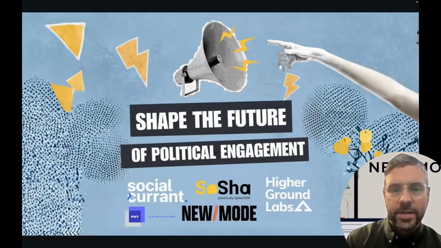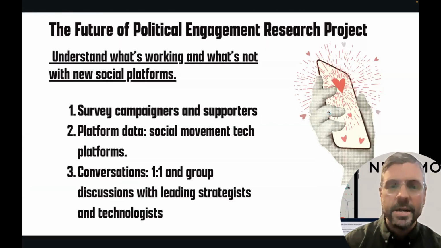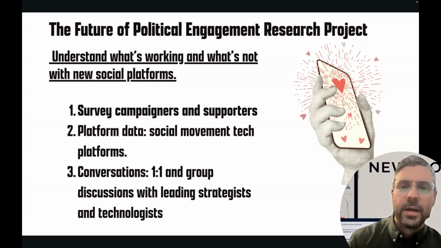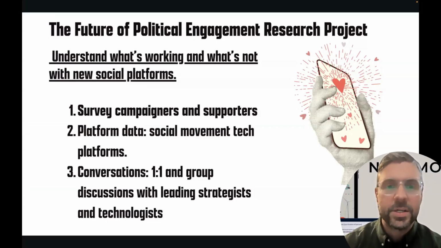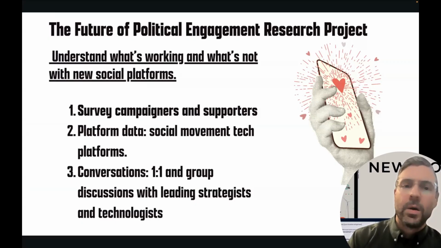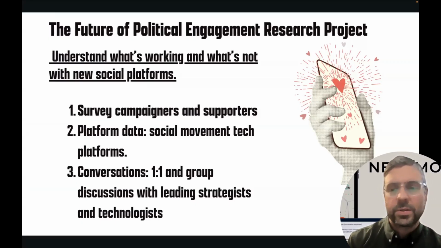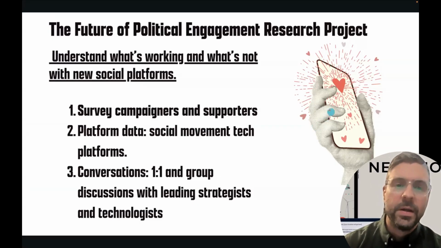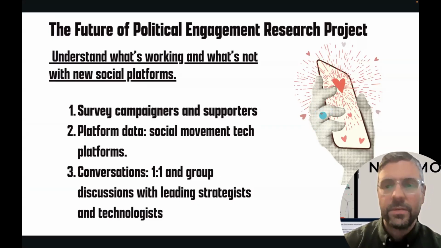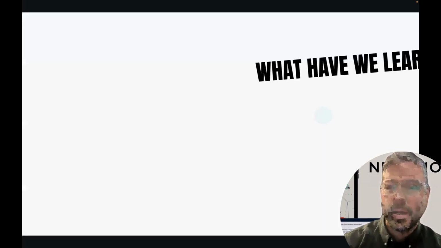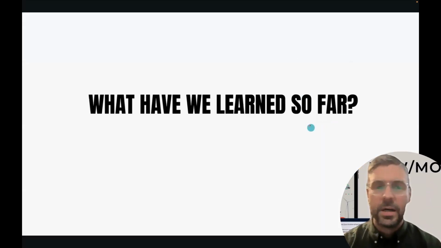And so we just finished up a research project with a bunch of partners you can see here. Basically, we wanted to understand for ourselves, but also for the NGOs and charities that we work with every day, what's working and what isn't with the new social platforms. I won't go into how we did all the research, but multiple modalities: surveys, one-on-one interviews, proprietary data, etc. So what have we learned?